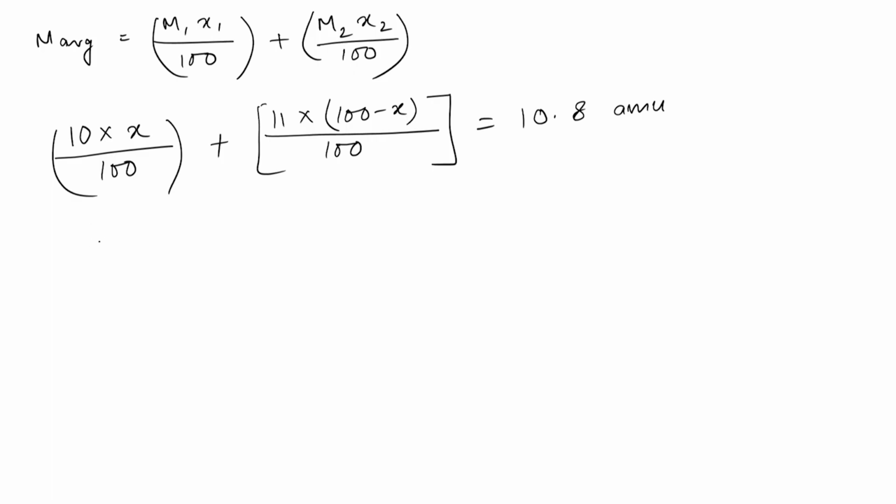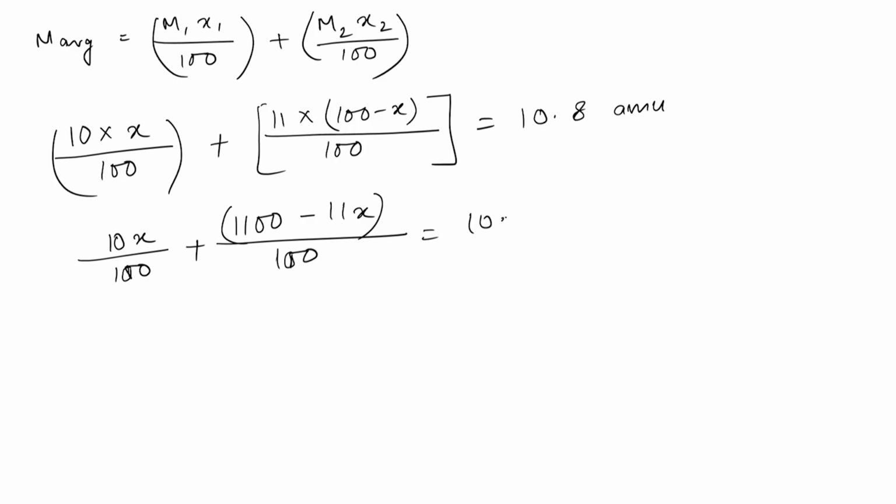So if we solve, then 10x by 100 plus 11 into 100, that is 1100, minus 11x divided by 100 is equal to 10.8. So we will take this denominator of 100 as common and we can write 10x plus 1100 minus 11x is equal to 10.8 into 100.